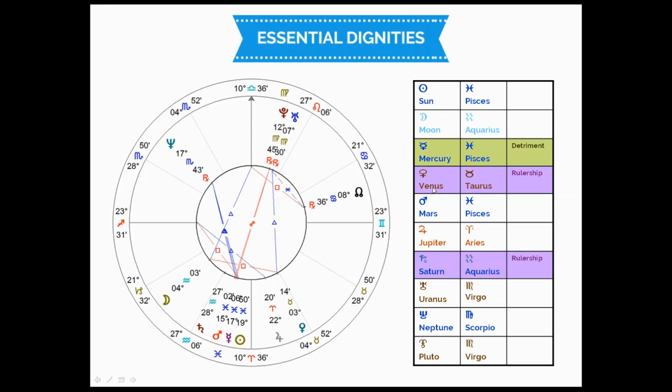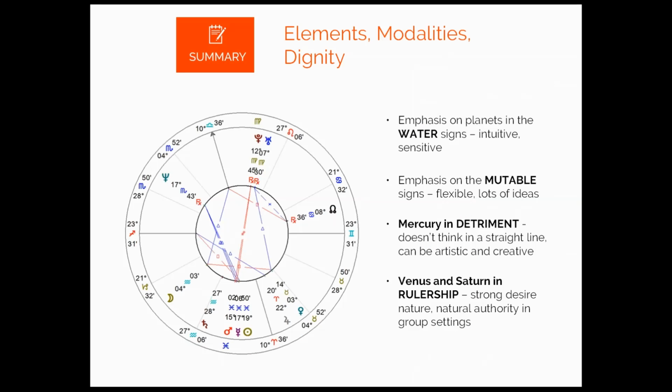We can also see from this chart that he has Venus and Saturn in signs that are very strong for them. And that just says we've got to pay special attention to Venus and Saturn in his chart because these are really, really strong planets. So to summarize, we found that this chart has an emphasis on planets in the water signs. So it's a person who's intuitive and sensitive. There's an emphasis on the mutable signs.